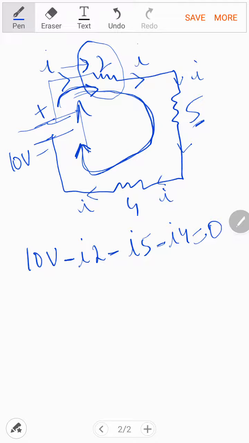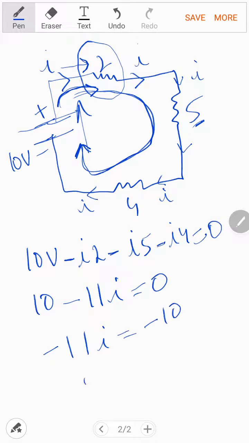So 10 minus 2I minus 5I minus 4I, that is 10 minus 11I, is equal to 0. So minus 11I will be equal to minus 10, or I will be equal to 10 by 11.